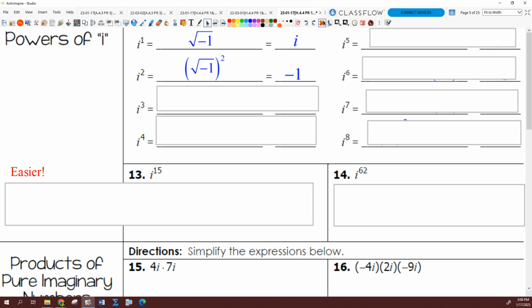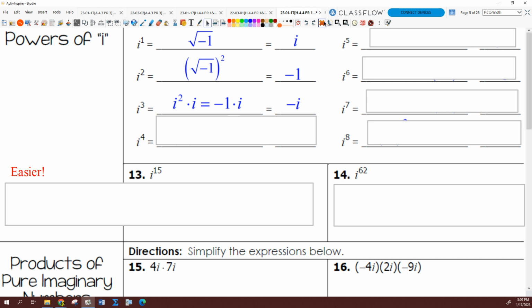So i cubed equals what? I know what i squared and i to the 1 are. Isn't i cubed the same as i squared times i to the 1? Everybody get that? Because 2 plus 1 equals 3, right? Well, i squared is negative 1, so I end up with negative 1 times i gives me negative i, right? Okay, you see the game we're playing here? Once I know the first 2 rows, I can find any other power of i just by using that information.